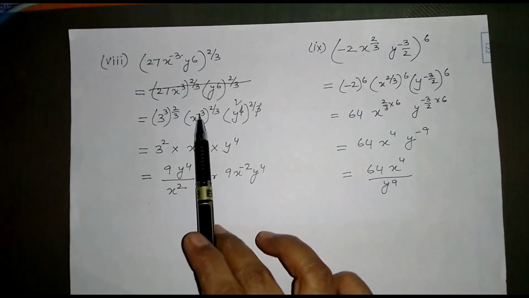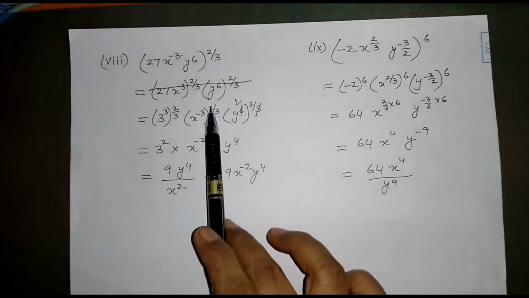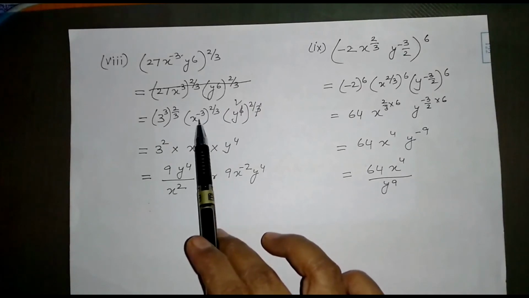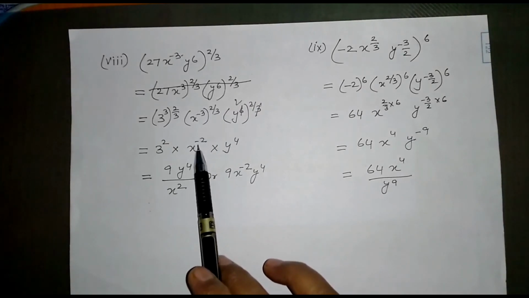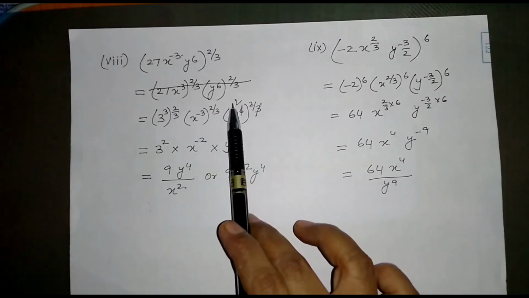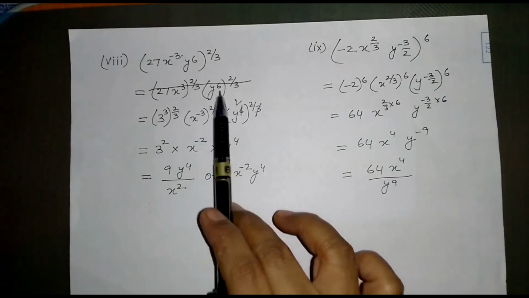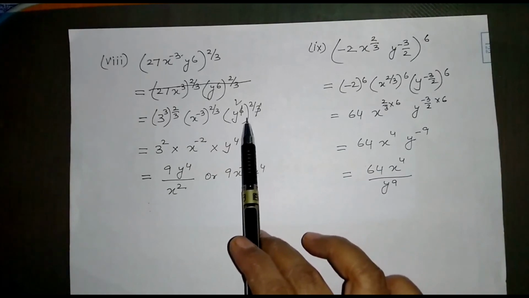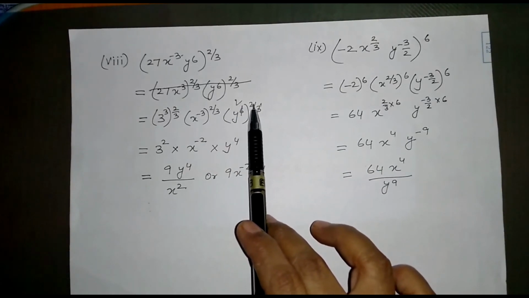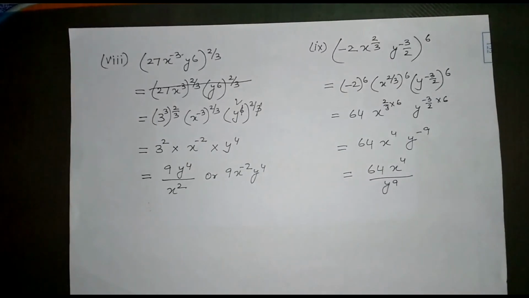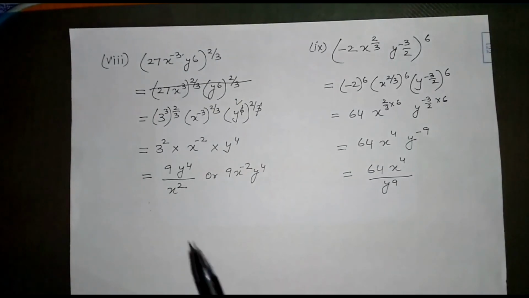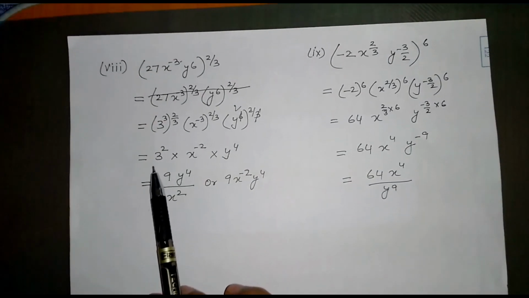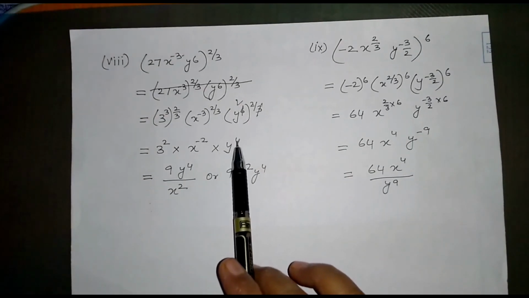X raised to minus 3, if multiplied by 2 by 3, 3 will get cancelled and we will have minus 2 here. Y square raised to 6 was there. So if we multiply by 2 by 3 and cancel it, we will have y raised to 4. So our final answer is 9 y raised to 4.